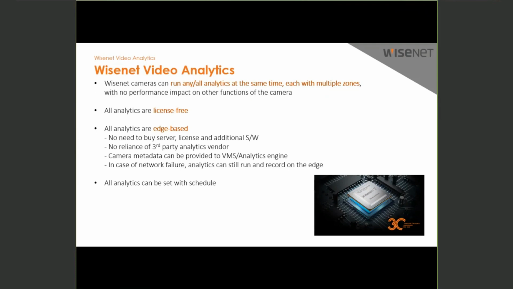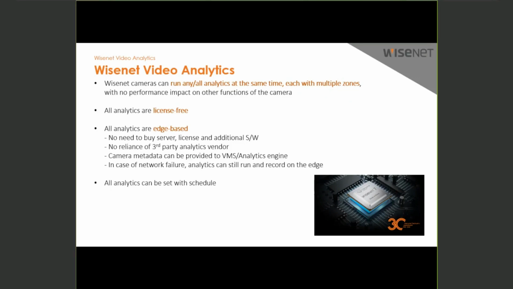Also, a Wisenet camera can run any and all analytics at the same time, each with multiple zones. Even if you are using, for example, motion detection, you can use a maximum of 8 areas, so 8 different motion detection areas, and you can set a different alarm and event action for each zone, and there will be no performance impact on other functions of the camera.